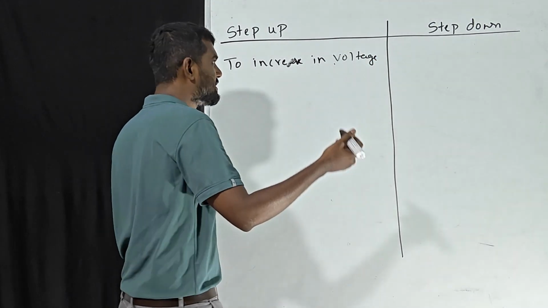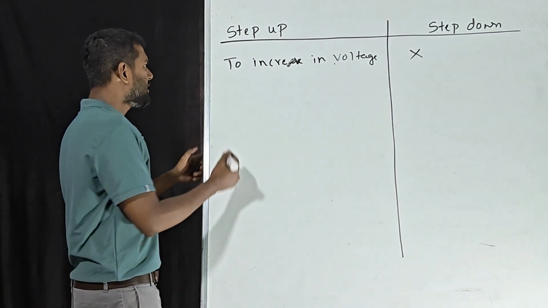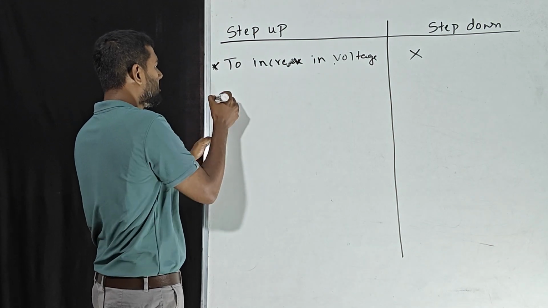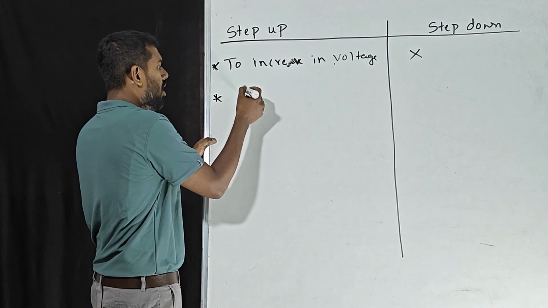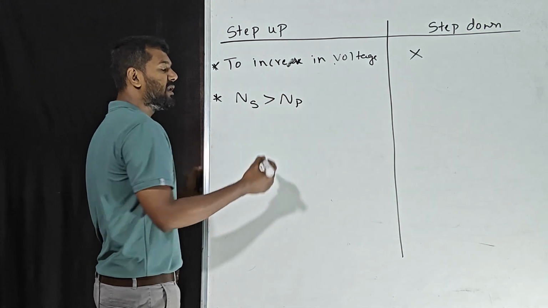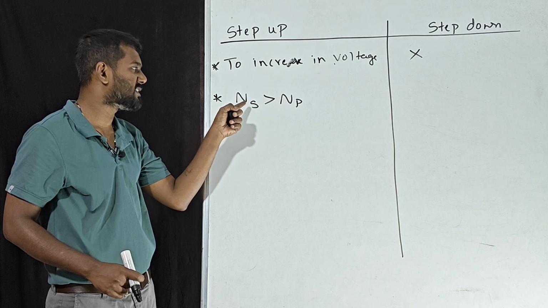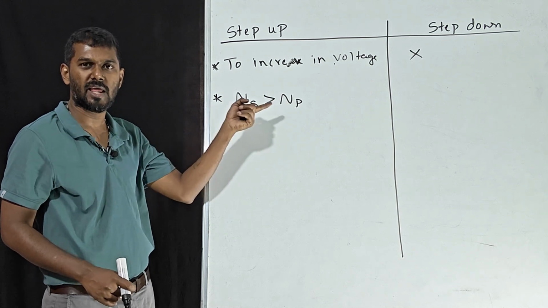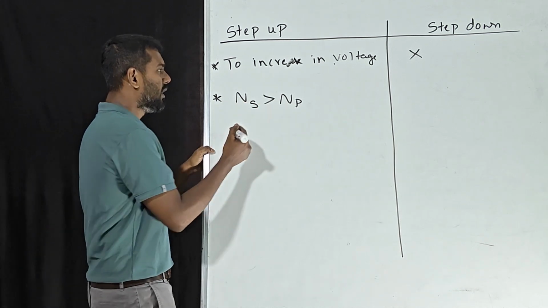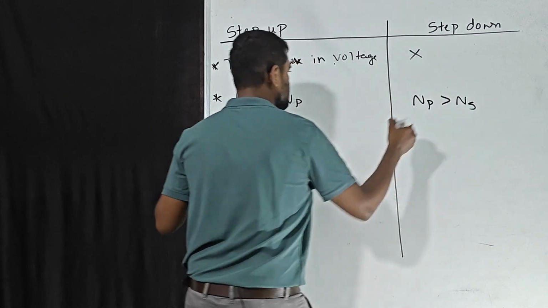Step down is exactly opposite, to decrease the given voltage. Next, in a step up transformer, we know Ns is greater than Np. To increase the voltage, the number of turns at secondary should be greater than the number of turns at primary. Then this is exactly opposite: Np is greater than Ns.